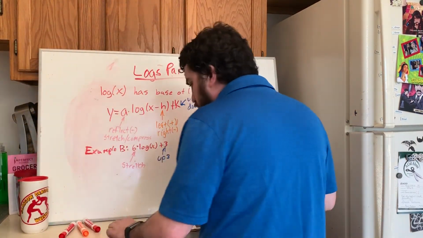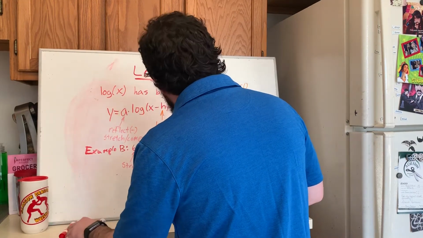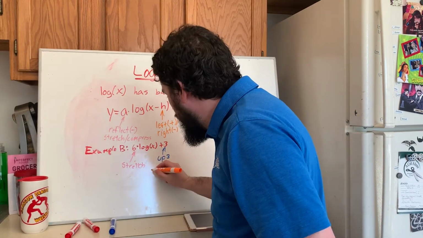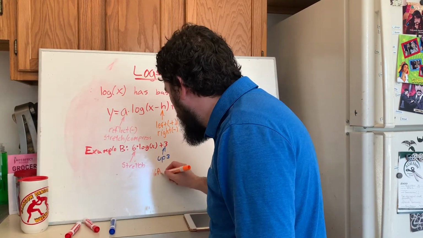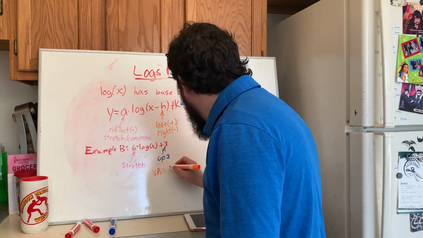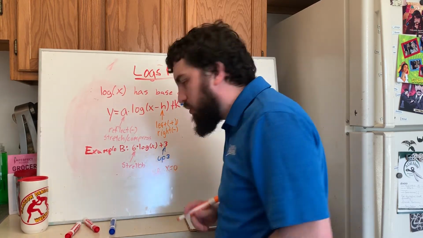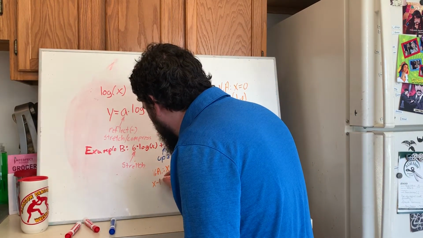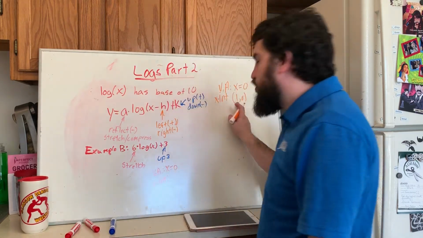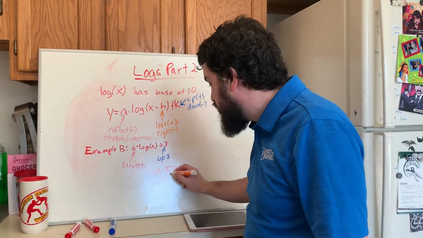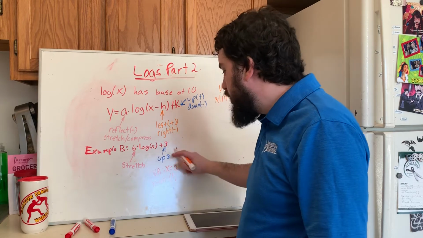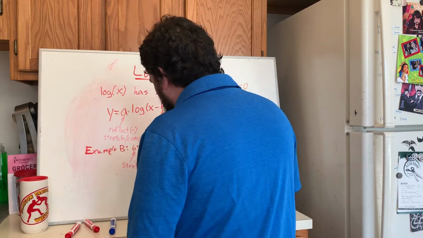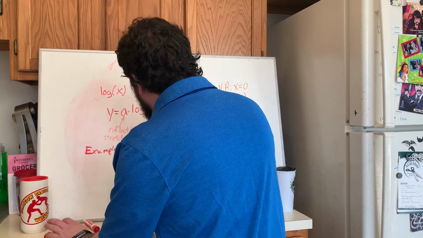So here's what I'm going to do. Going to start again. Since this does not move left or right at all, my vertical asymptote is just x equals 0. Now my x-intercept doesn't move left or right either, so it's still going to be 1, comma, but since I move it up 3, it no longer becomes an x-intercept, it just becomes a point.